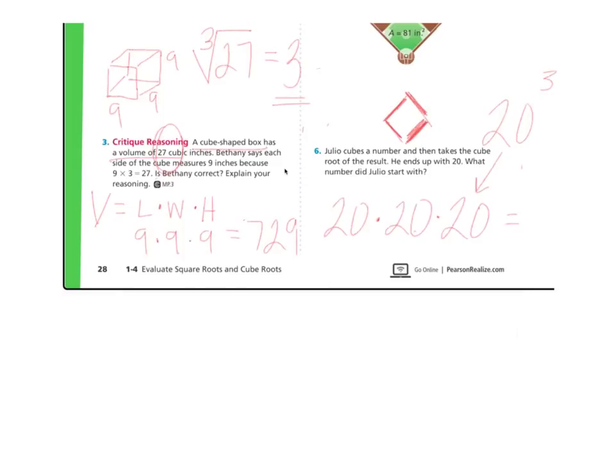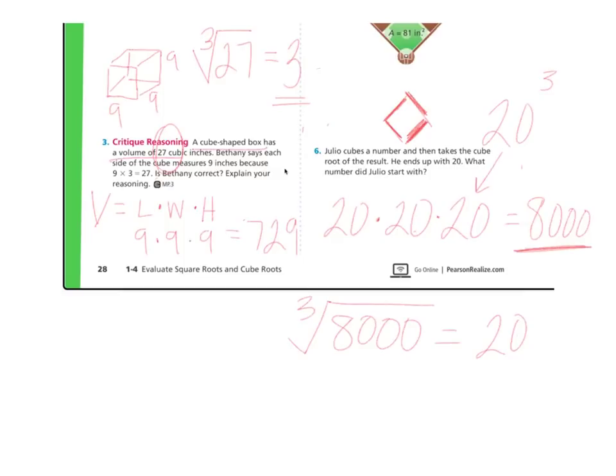So 20 cubed is actually, I think, 8,000. My mental math power is correct. Then if I take the cube root of this number, so I take 8,000 and take the cube root of that, well, that turns out to be 20.